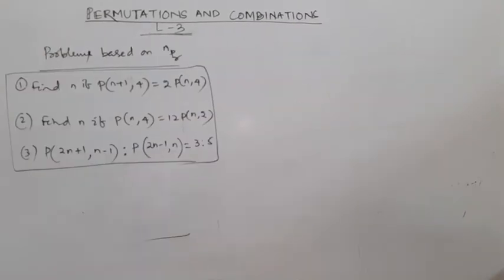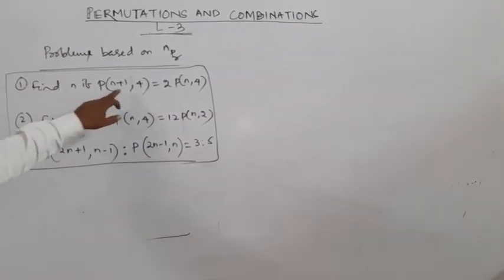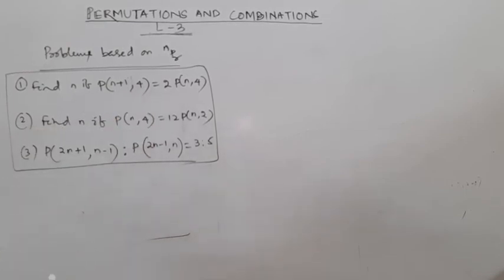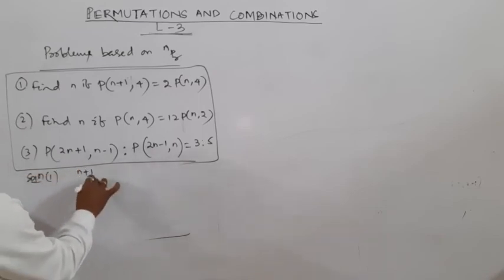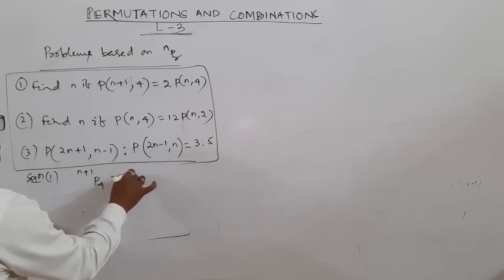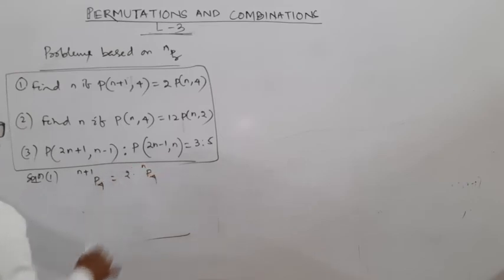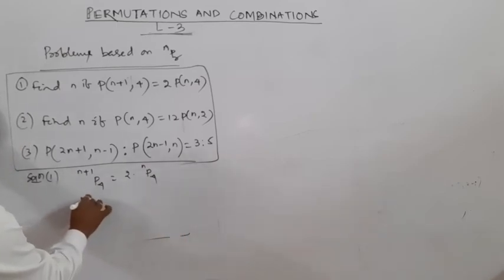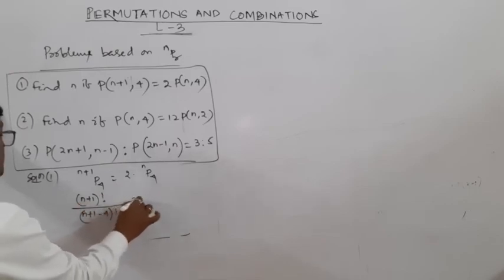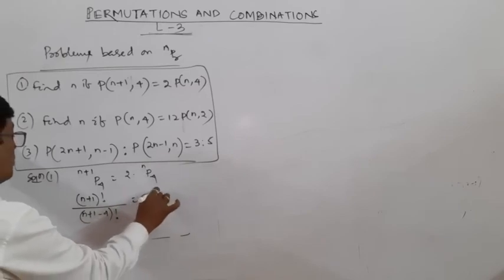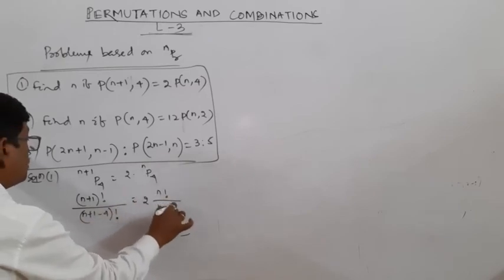Find n if P(n+1, 4) is equal to 2 into P(n, 4). Solution of question number 1: given (n+1)P4 is equal to 2 into nP4. Apply the formula: (n+1) factorial divided by (n+1 minus 4) factorial is equal to 2 into n factorial divided by (n minus 4) factorial.